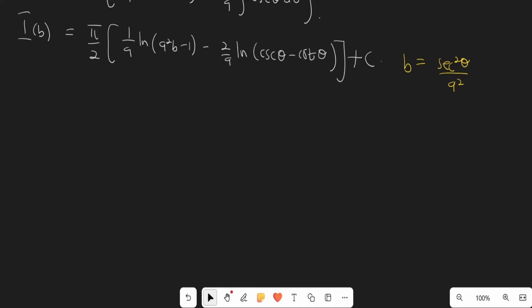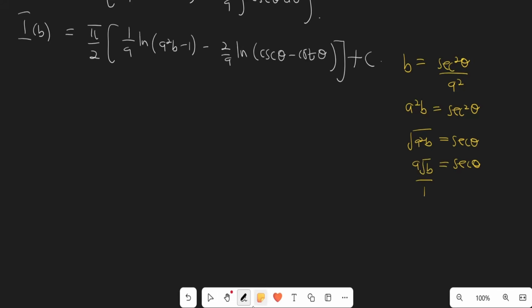So we can find secant of theta here. So that means that a squared b is equal to the secant square of theta, implying that secant of theta is equal to the square root of a squared b. So secant of theta is equal to a times the square root of b, right? This is the same as this over 1.